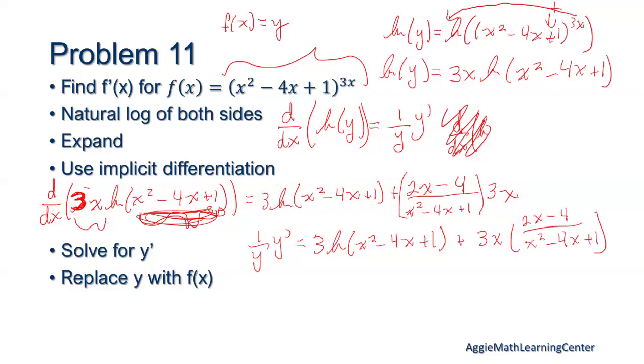Okay, so we're going to multiply by y, that looks like a y prime, it's not, it's just a y. So it's going to go over here, and we're going to have y prime equals y.